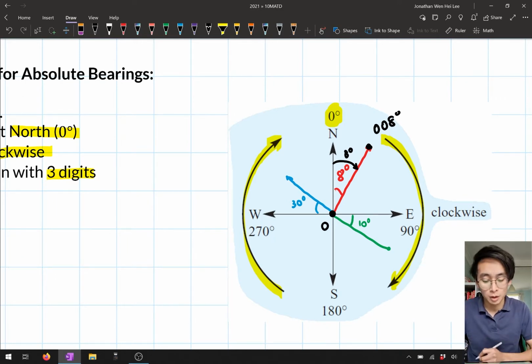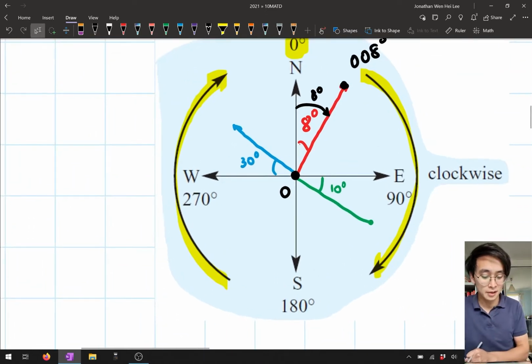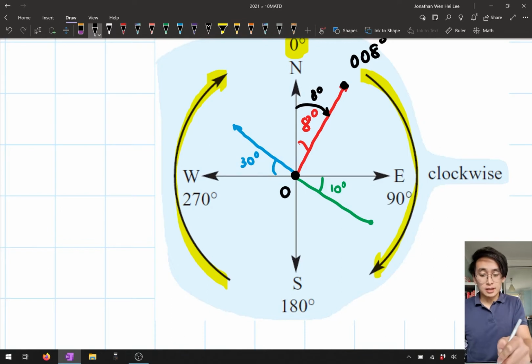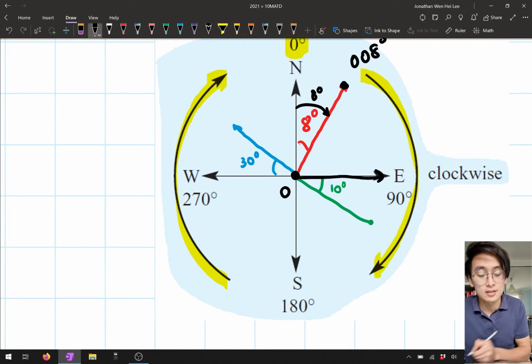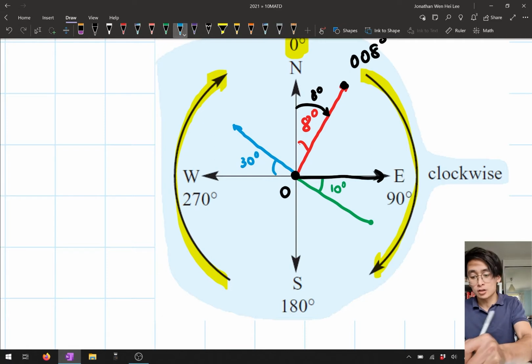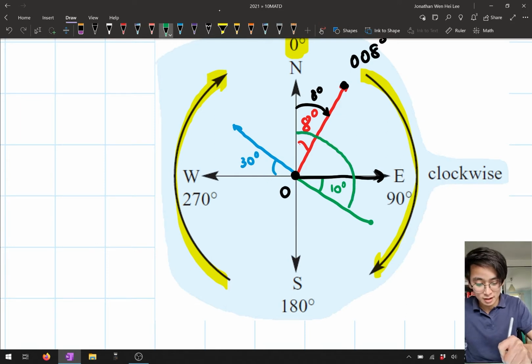Let's have a look at the next one. This is the 10-degree angle between east and south, so it's in the southeasterly direction, the green line. Notice this 10 degrees doesn't start at north. It starts from the east direction. So to figure out this bearing, I need to figure out the whole angle, starting from north all the way down here.